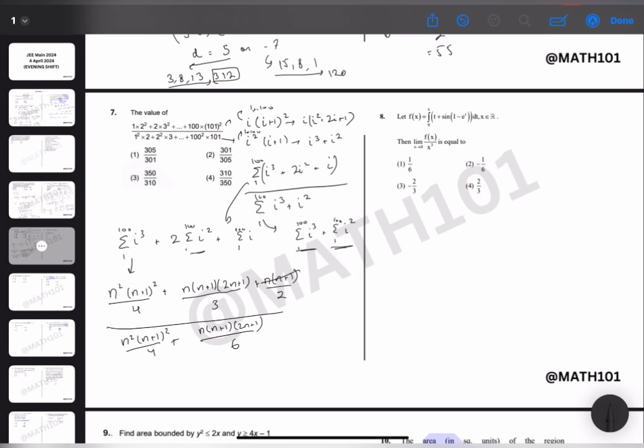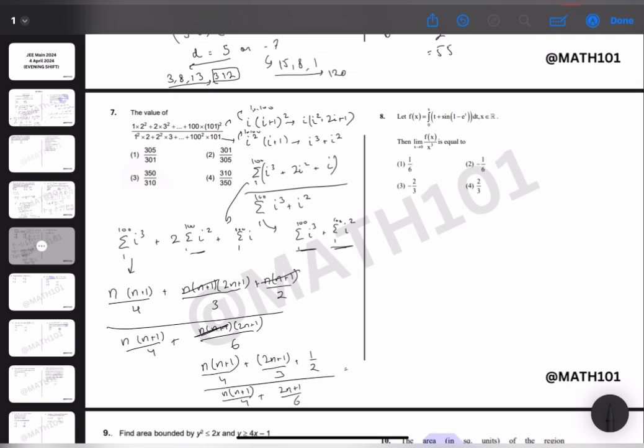So this goes away, this goes away, this goes away, this goes away, and this goes away. So we are left with n plus 1 by 4 plus 2n plus 1 by 3 over 1 by 2, and the denominator we have, where here n equals 100.